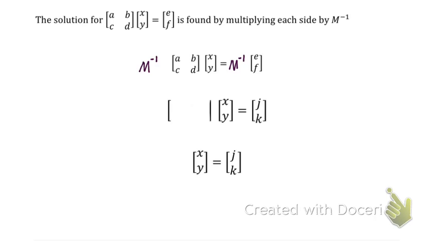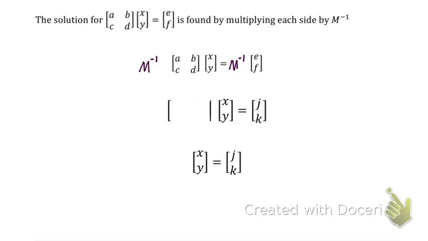The inverse has to come first, and your solutions have to go second. So this has to go first, and these have to go second. Otherwise, most of the time you won't be able to multiply them. It won't work out. So it has to be in this order. Remember, order matters with matrices. It's not like 2 times 3 and 3 times 2. If I put this like this, it's going to be a completely different answer than if I put it over here. So this has to come first.